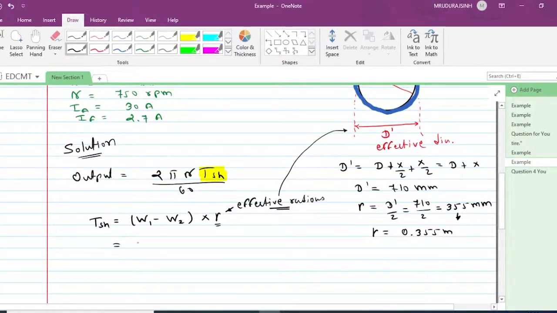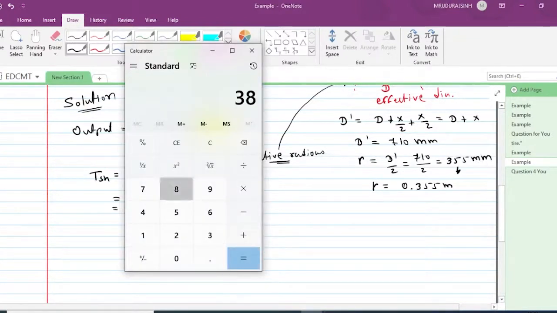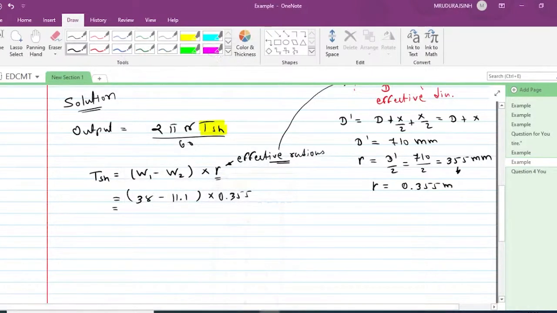So r is 0.355, W1 is 38 minus 11.1, multiplied by 0.355. Let's quickly calculate this. 38 minus 11.1 multiplied by 0.355 gives us 9.549, so we'll take it as 9.55. So TSH is equal to 9.55 kg into meter.